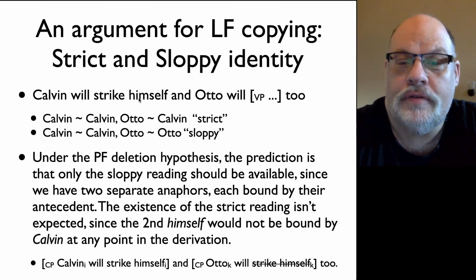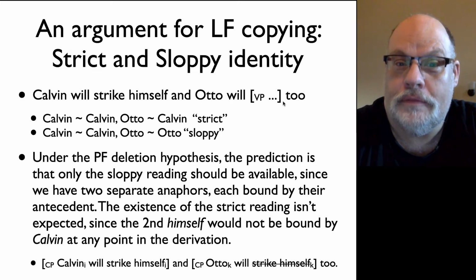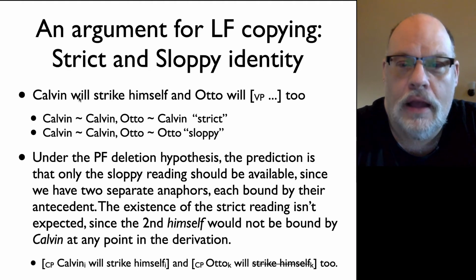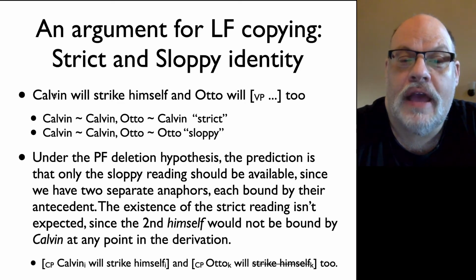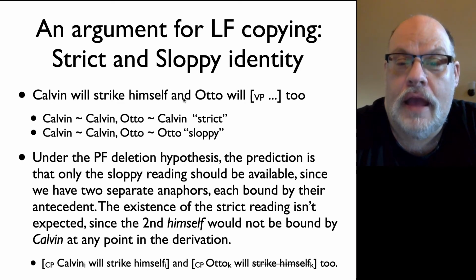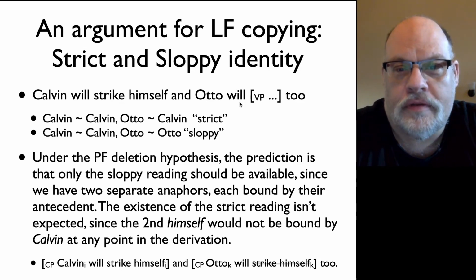So Calvin will strike himself, and Otto will strike Calvin, effectively. There's also a second interpretation, where Calvin strikes Calvin, and Otto strikes Otto. Both those interpretations are possible.